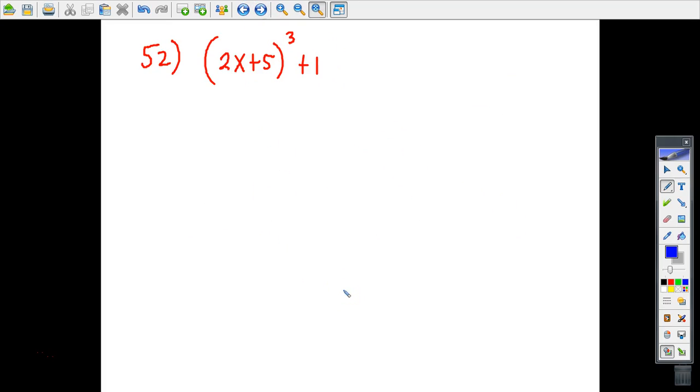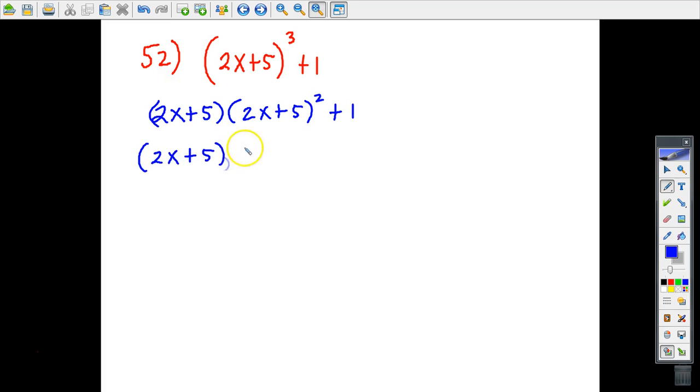Okay, let's try this one from that same section. This is a little different because this time we're being asked to cube a binomial. So what I'm suggesting is let's just write this as 2x plus 5 times (2x plus 5) squared plus 1, because I just showed you how you can square a binomial using a three-step mental math process.